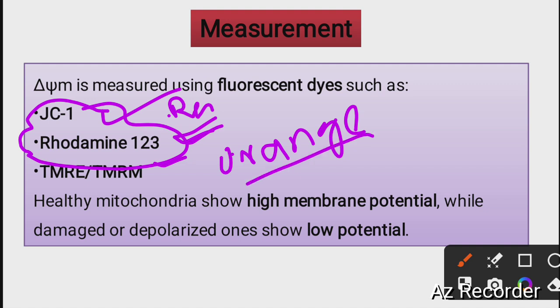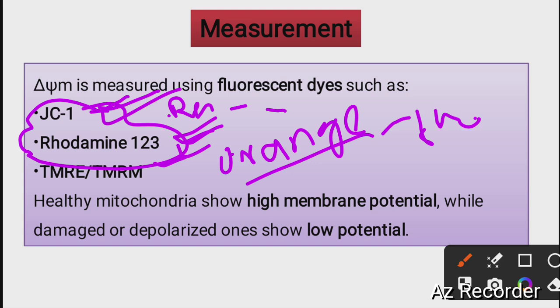For readout, JC-1 gives a red to green ratio, and here it is the fluorescence intensity, right? And in application, JC-1 is ratiometric and TMRE is non-ratiometric. JC-1 is mainly used for polarized yes or no checking.